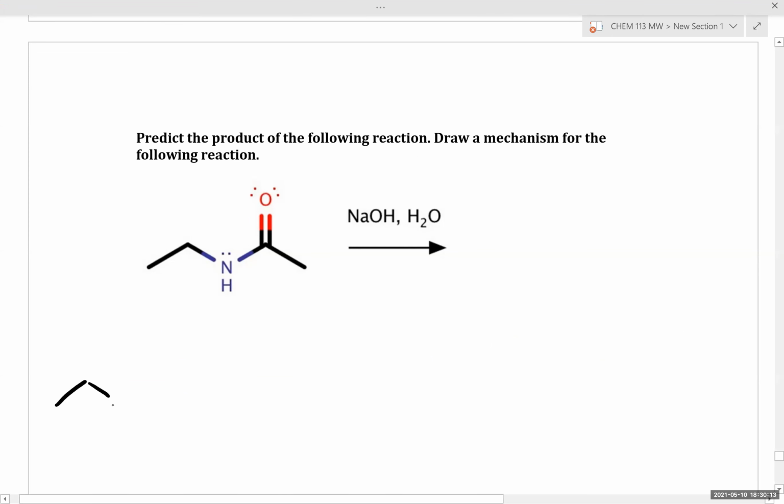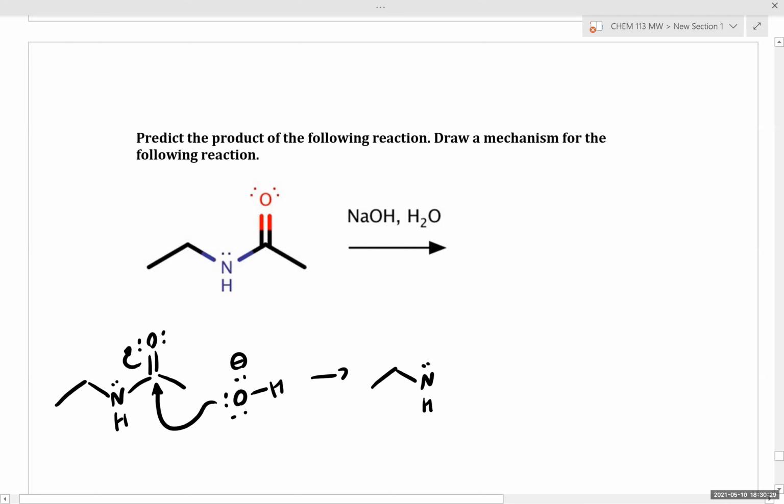So as we're working under basic nucleophilic conditions, the first step in this mechanism is that our nucleophilic source of hydroxide will attack our electrophilic carbonyl carbon. From here, we generate a tetrahedral intermediate.